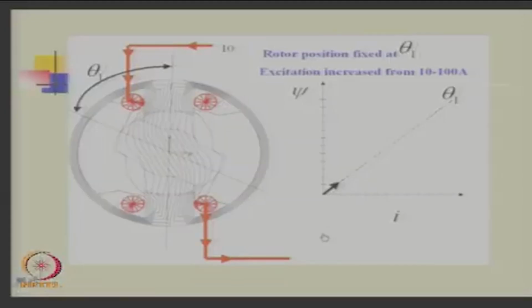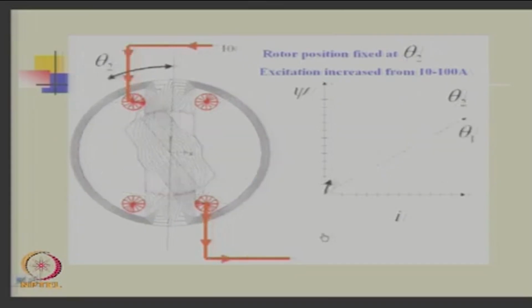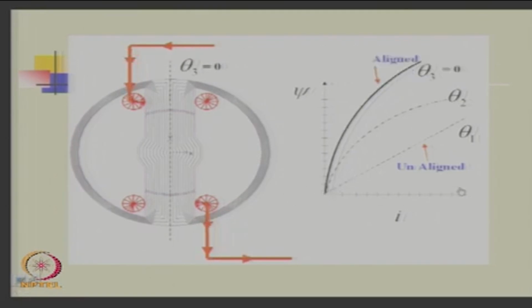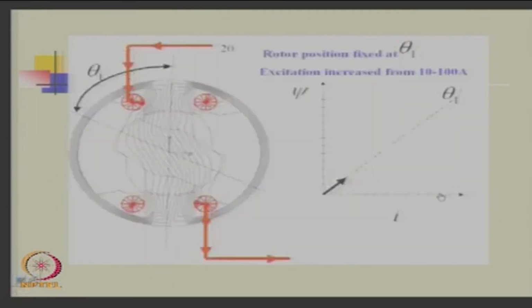Now, this is one unaligned, linearly varying at theta 1. Now, I have changed theta. It has gone nearer to aligned, and currents are the same range. For the same range of currents 0 to 100 amperes, what is happening?